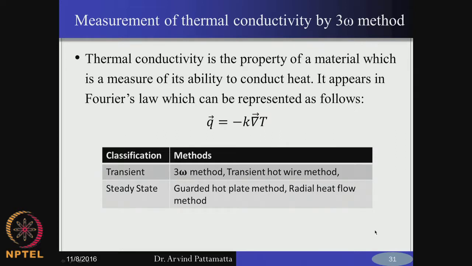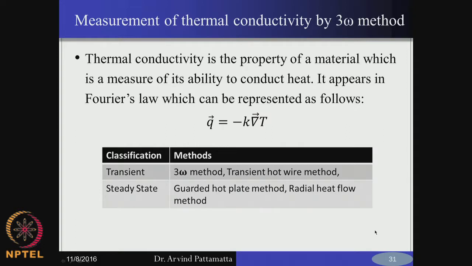If you generally look at thermal conductivity measurement techniques, you can do measurement at steady state or transient. The steady state method I described is the guarded hot plate method. The transient method includes the transient hot wire method, which was the one I talked about in the nanofluids.